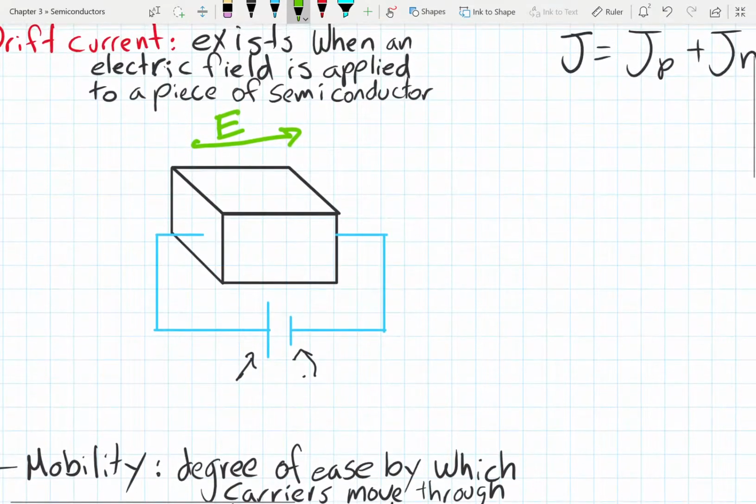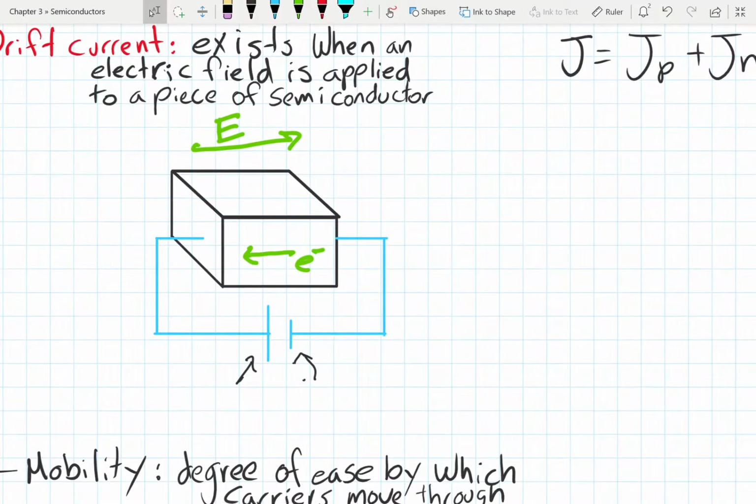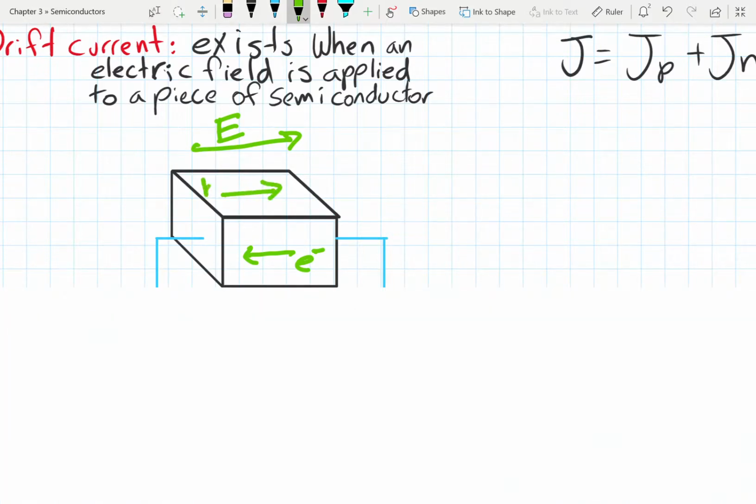One other thing that we know is that electrons flow in the opposite direction of the electric field, or towards the positive side. So we're going to have electron flow in this direction. In a similar way, holes flow in the same direction as the electric field, so holes are going to flow in this direction.